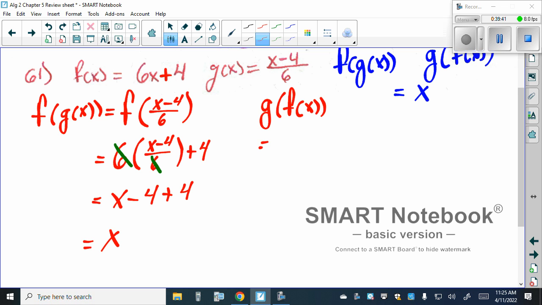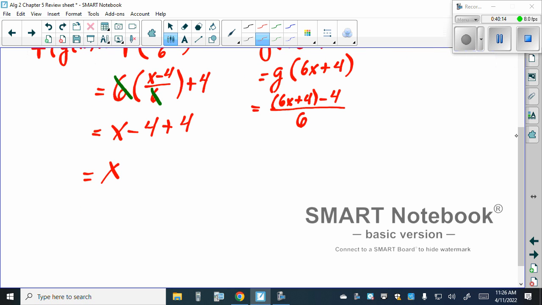Well, now we're going to do the same thing going the other direction, g of f of x. Well, f of x is our edited version, 6x plus 4. So we'll plug 6x plus 4 in for f of x. Now we're going to plug our 6x plus 4 into g of x, which would give us 6x plus 4 minus 4 over 6.